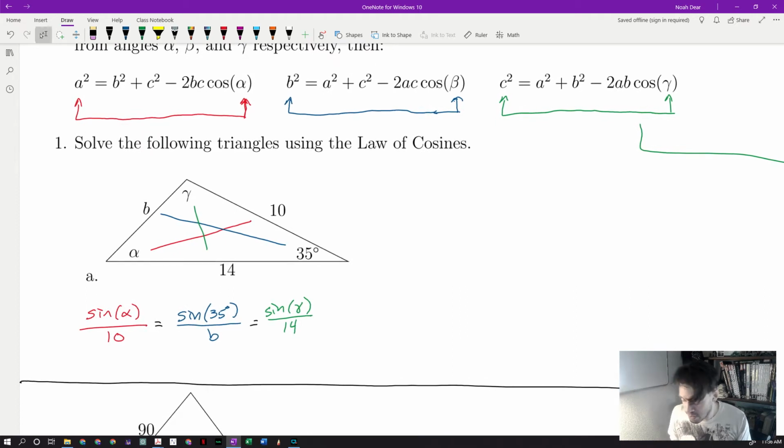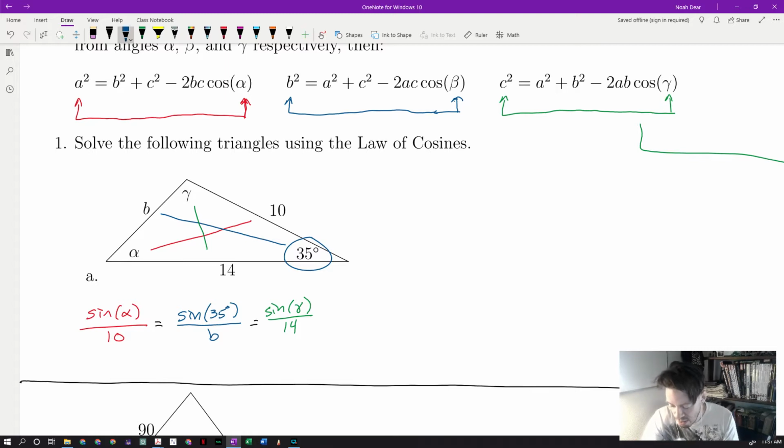So that being the case, we're going to try and use this law of cosines in some meaningful way. So let's note how this is going to work. I've got an angle of 35 degrees, and that right away is telling me that I probably want to use the one that uses that angle.